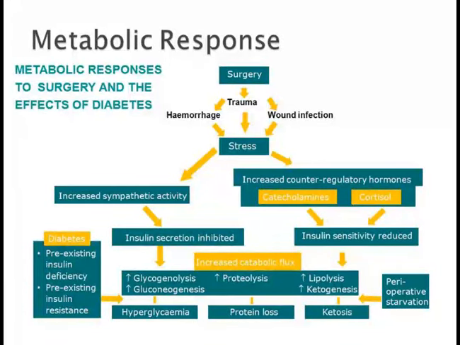Looking at the metabolic responses to surgery, surgery causes stress because of the hemorrhage, the trauma and the wound infection. And this stress produces an increase in the counter-regulatory hormones, producing catecholamines and cortisol, which reduce insulin sensitivity, and also the increased sympathetic activity inhibits insulin secretion.